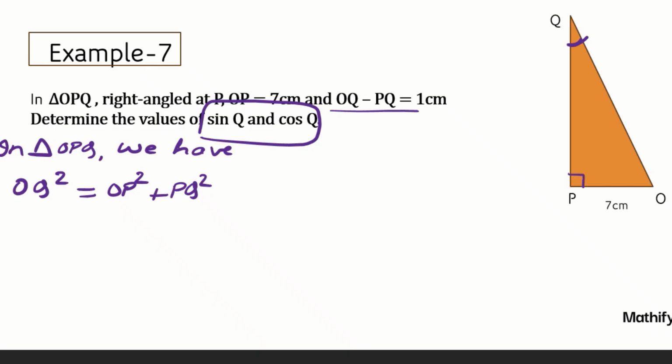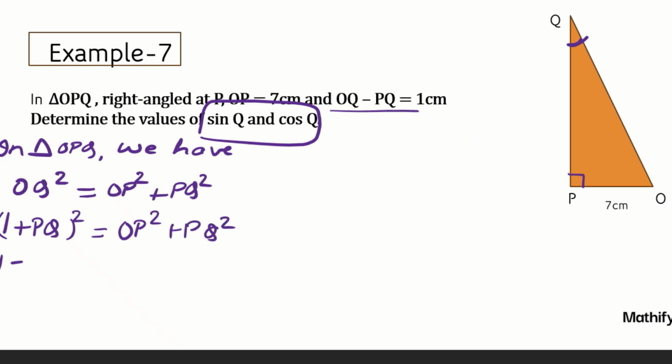This is the Pythagoras theorem. In place of OQ, what can we write? 1 plus PQ whole square is equal to OP square plus PQ square.